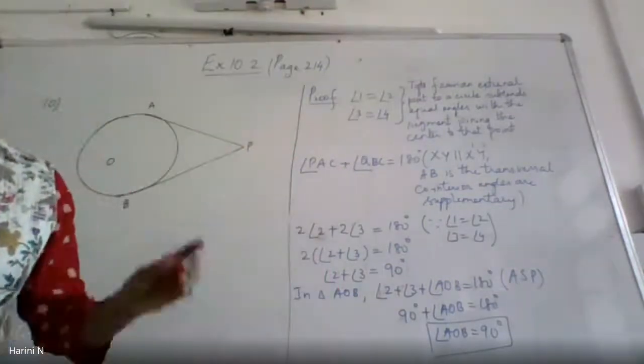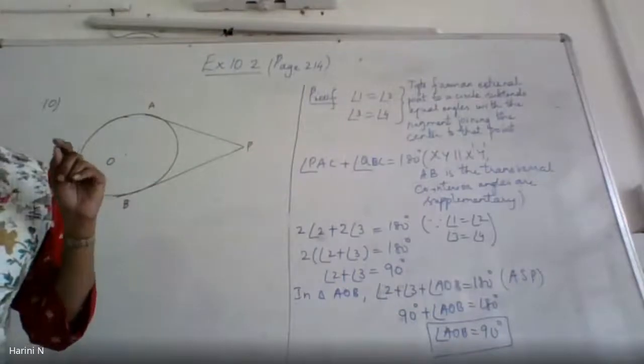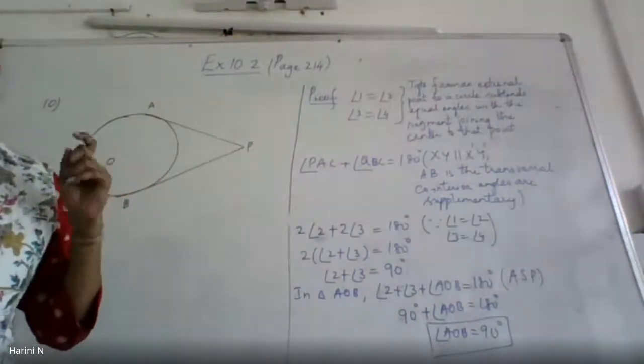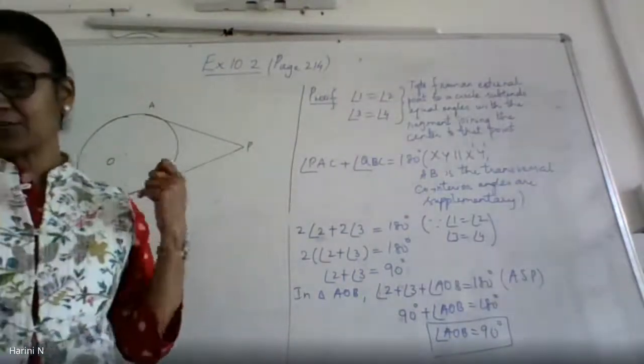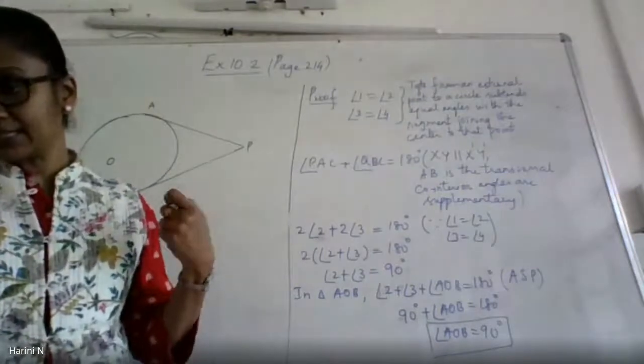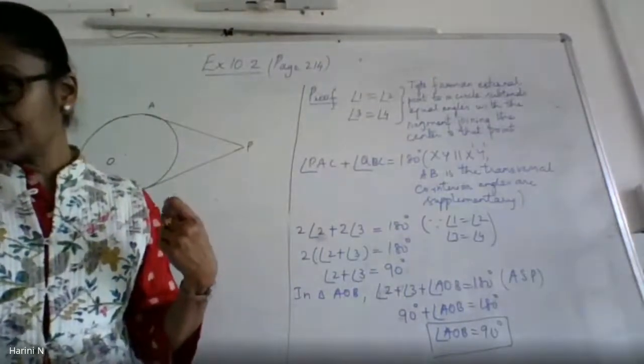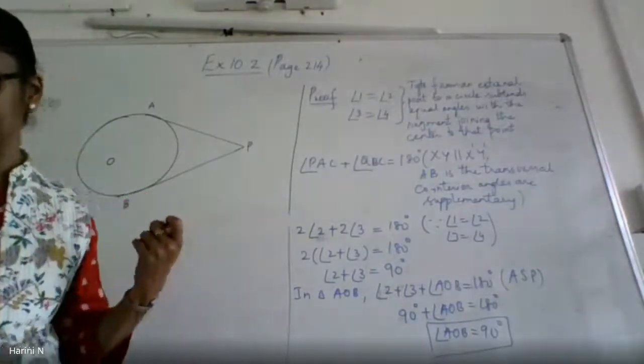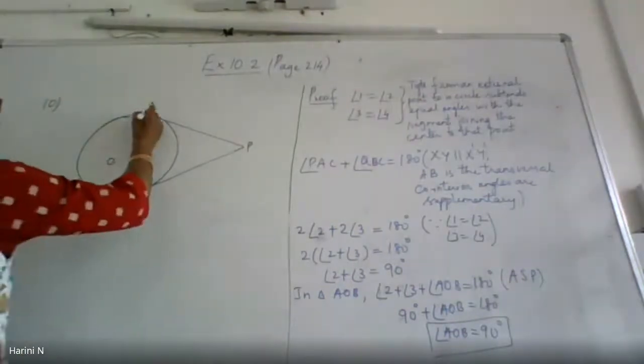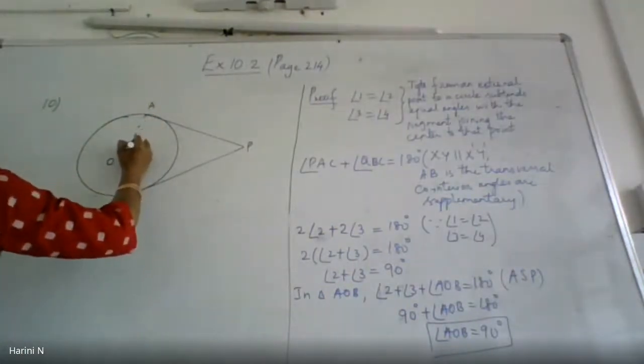Prove that the angle between the two tangents drawn from the external point to a circle is supplementary to the angle subtended by the line segments joining the points of contact to the center. So I am going to join the points of contact to the center.